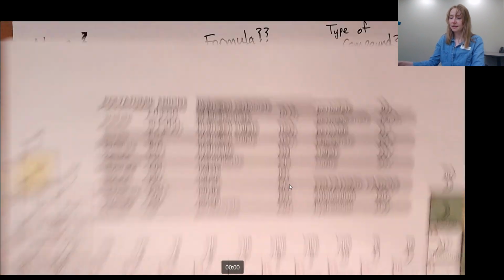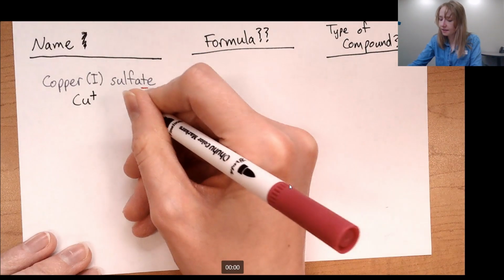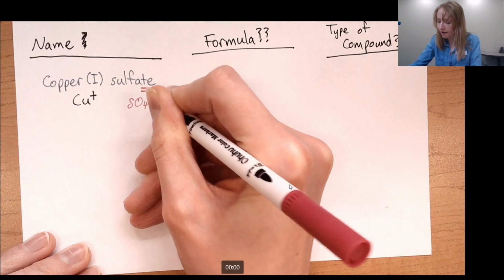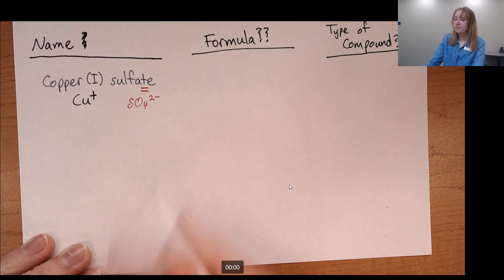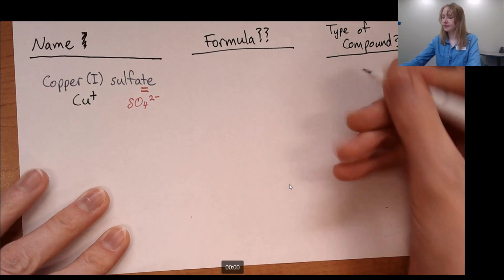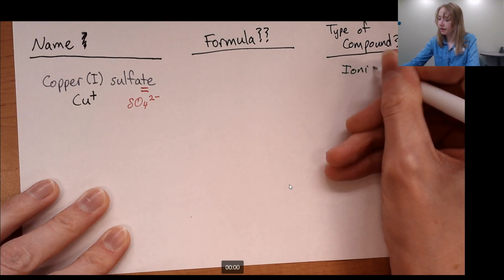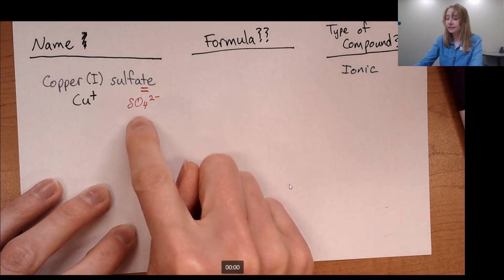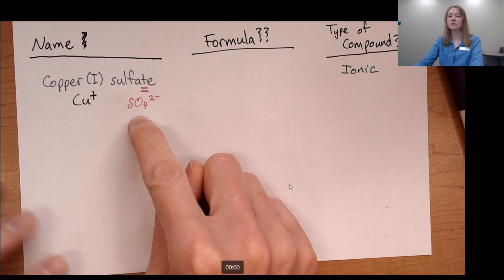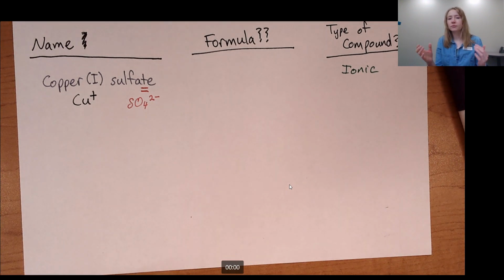So I'm going to put this on here. So my ionic compound is made up of a copper +1 ion and a sulfate ion, which is SO4 2 negative. So I can now make the formula.